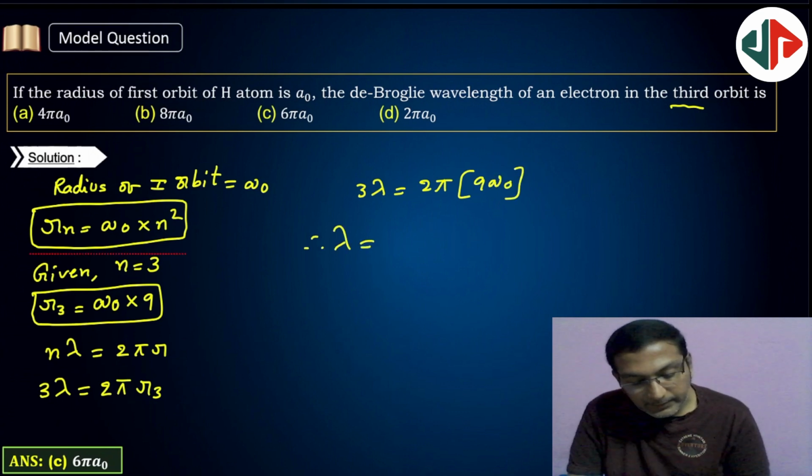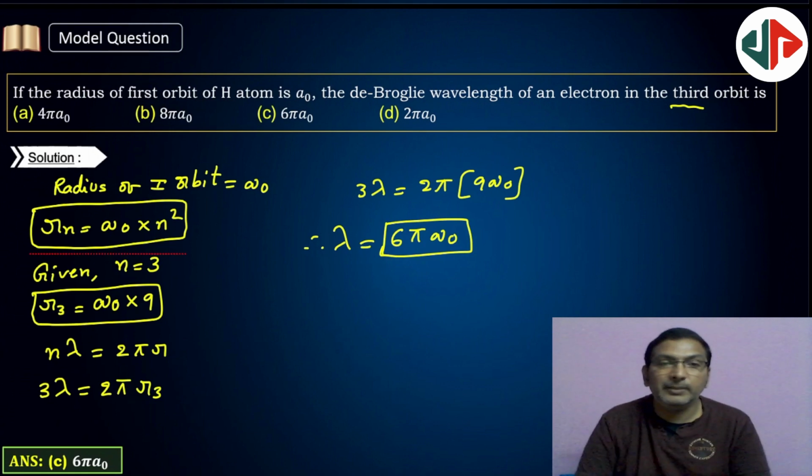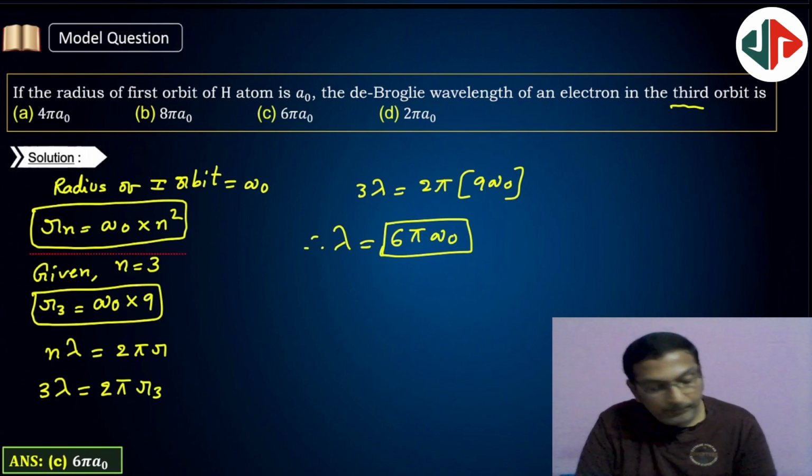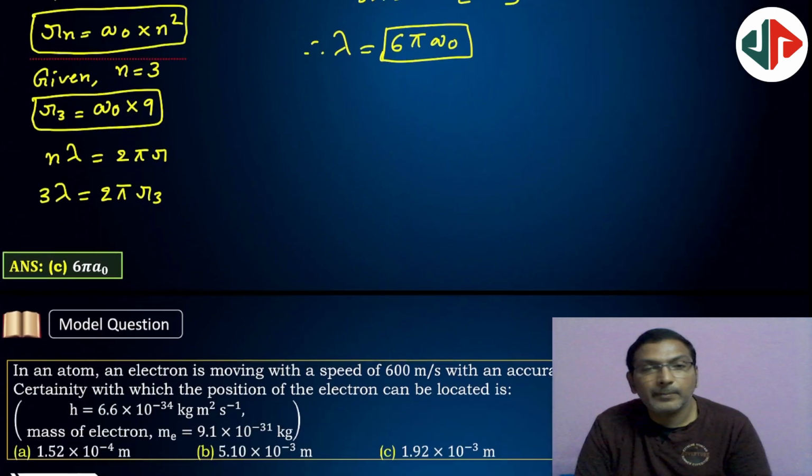Therefore, wavelength equal to 6 pi A naught. This is the wavelength of electron in third orbit of hydrogen atom. So, option C. Next question.